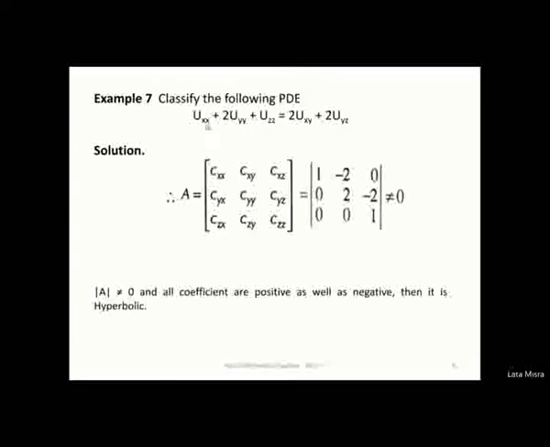The coefficient of uxx is 1, the coefficient of uyy is 2, the coefficient of uzz is 1, the coefficient of uxy is minus 2, and the coefficient of uyz is again minus 2. When we find the determinant of this coefficient matrix, we get 2, and 2 is not equal to 0, but negative terms as well as positive terms are present in the coefficient matrix, so it is hyperbolic.